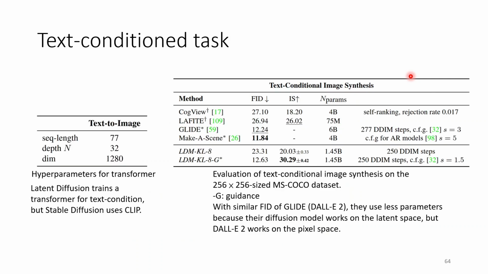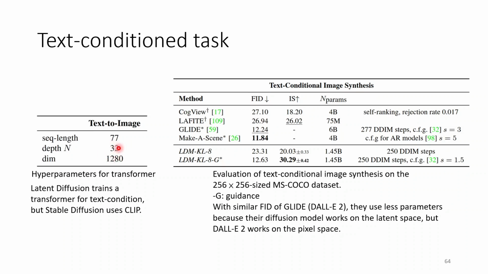Okay. Well, let me explain this figure at first. So this is their setting for the transformer. It just means the encoder for text. So this is a transformer, and it can accept at the most 77 words.